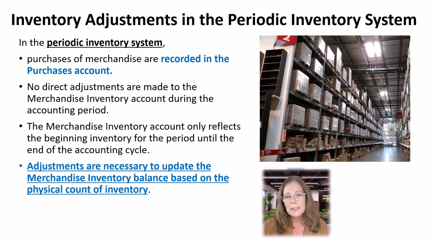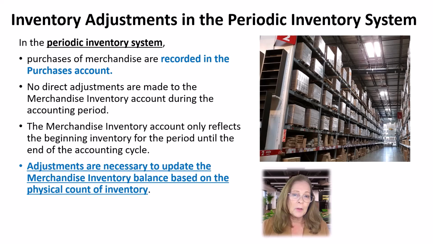You can probably already tell that the periodic inventory system can be challenging when you have a lot of inventory, because you never quite know what you have in stock unless you physically count the inventory. Larger businesses often prefer to use the perpetual method of inventory, which perpetually or constantly tracks your inventory.